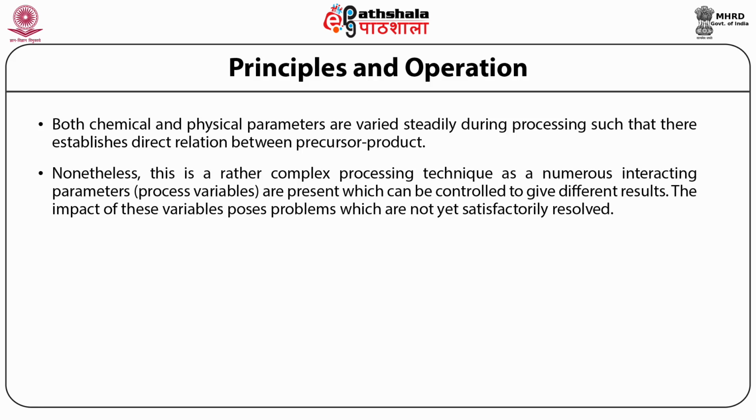Nonetheless, this is a rather complex processing technique as numerous interacting parameters, such as process variables, are present which can be controlled to give different results. The impact of these variables poses problems which are not yet satisfactorily resolved.